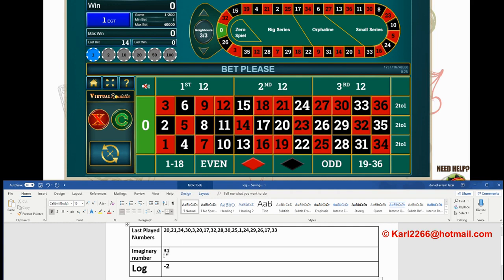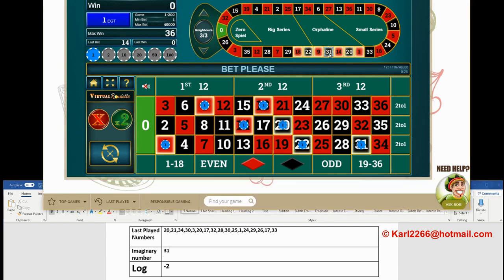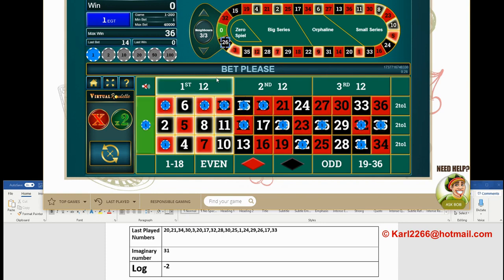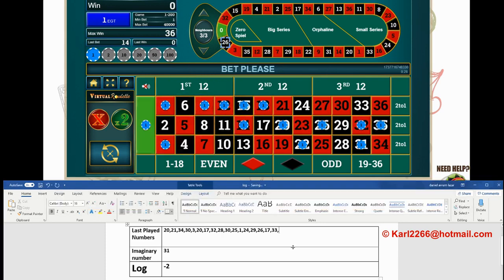So with 31 we know what we have to do. We place bets on 31 and the neighbors and 26 and the neighbors. And we got after 33 a new winning number, which is number 35. It's a win. And what we do now when we got number 35 and logarithm minus 2?